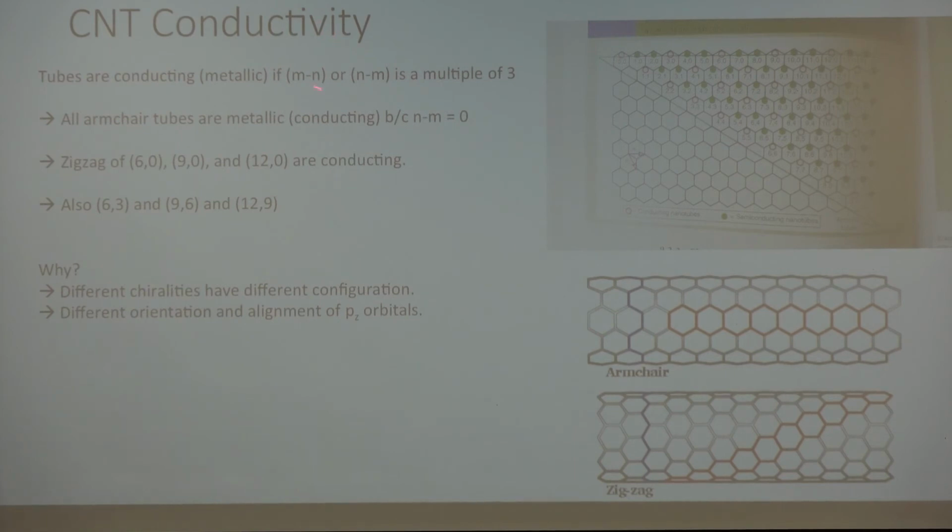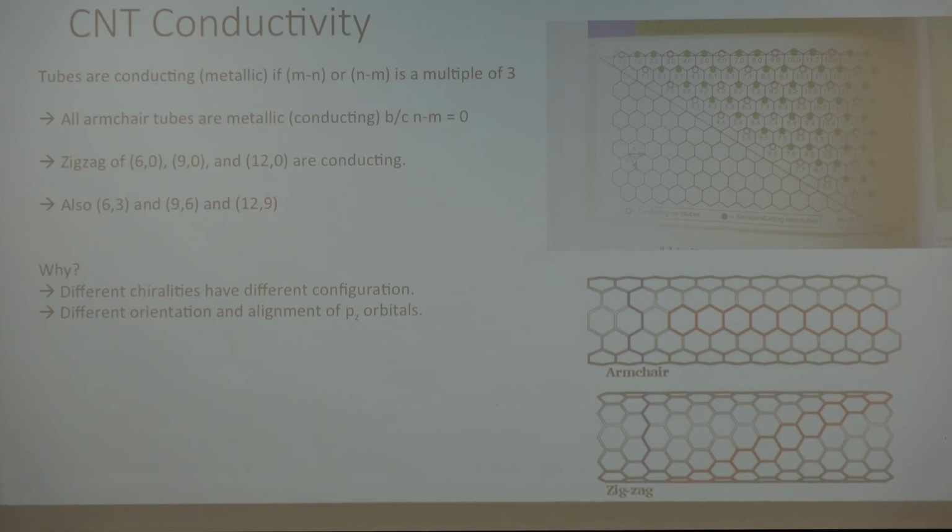And when these conditions are satisfied, m minus n or n minus m is a multiple of 3, you have a metallic-like carbon nanotube. Okay? So a zigzag of (6,0), (9,0), (12,0) would all be conducting, meaning they would be metallic. Also would (6,3), (9,6), (12,9). Okay? But something like (13,9) would be a semiconductor.